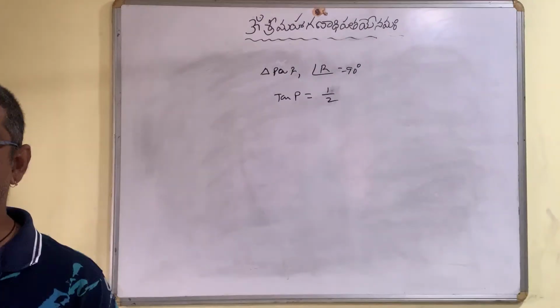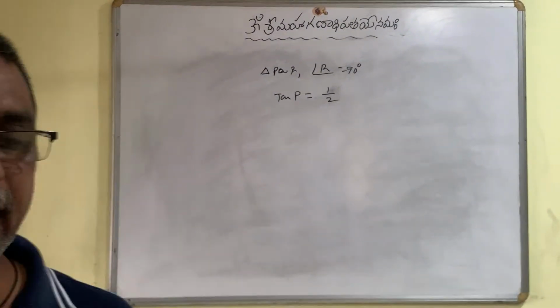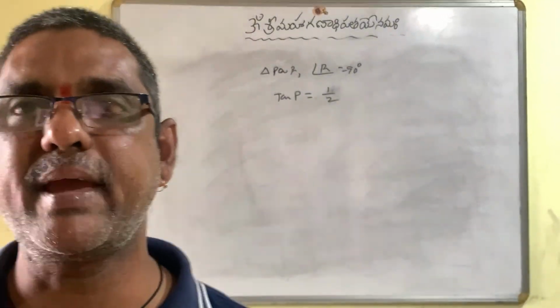Tan P is 1 by 2. And write the remaining trigonometric ratios with respect to angle P.